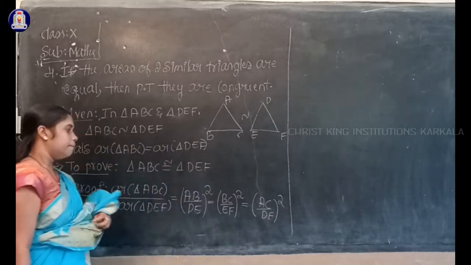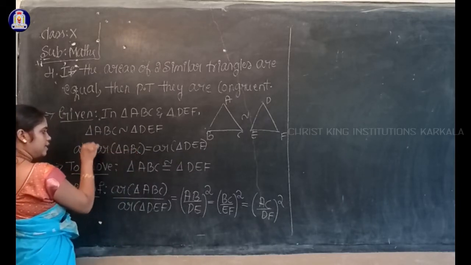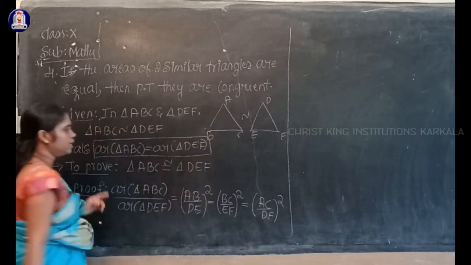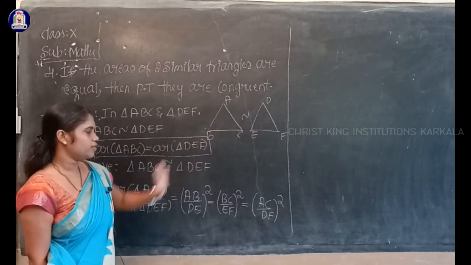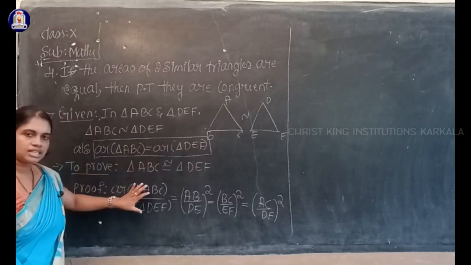But in the question it is given that area of triangle ABC equals area of triangle DEF. So can I substitute that relation in the left hand side?